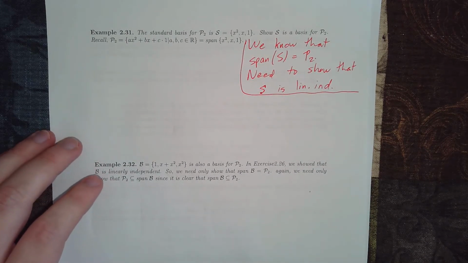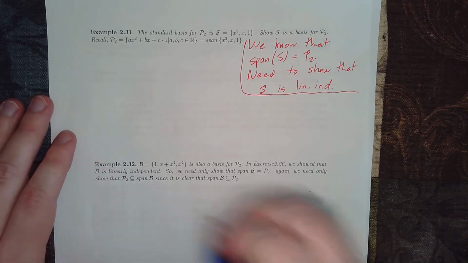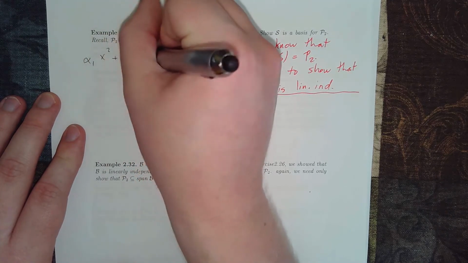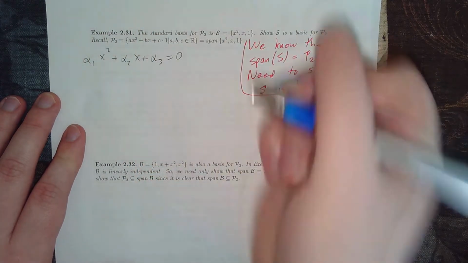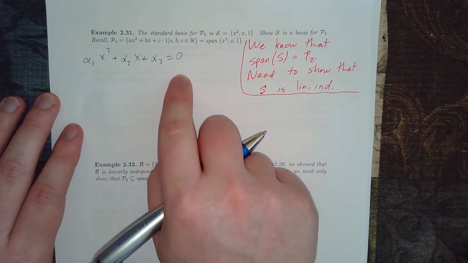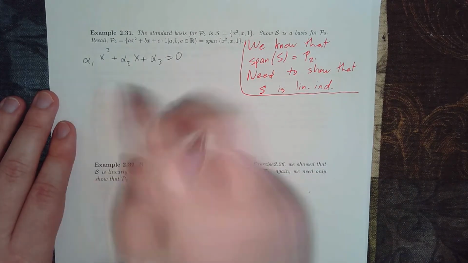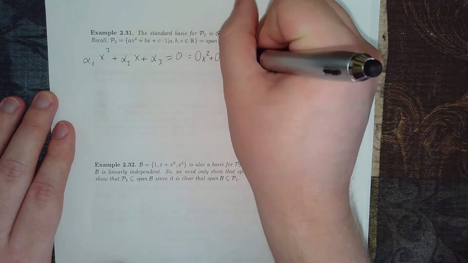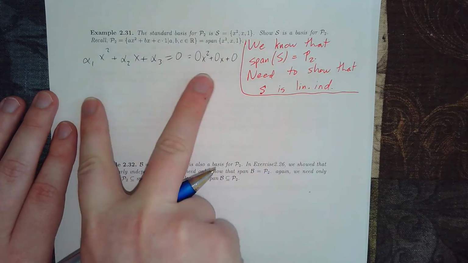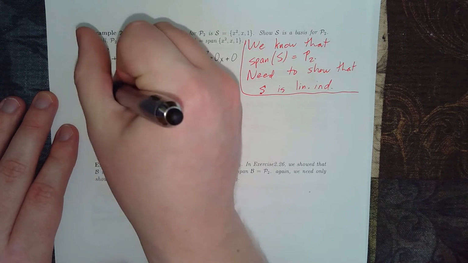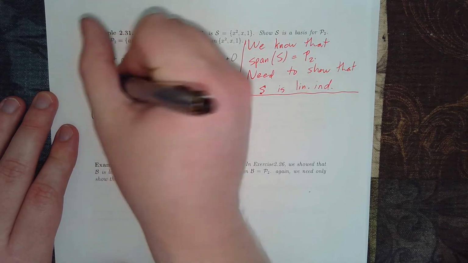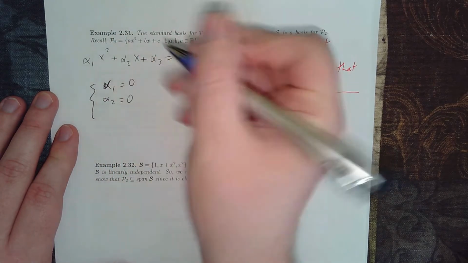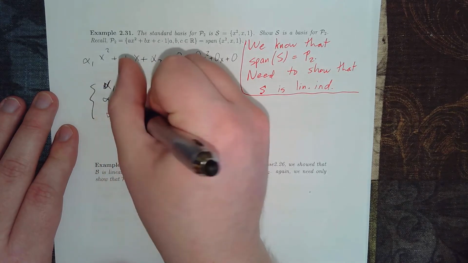So let's take a look. If we look at taking alpha 1 x squared plus alpha 2 x plus alpha 3 and setting it equal to 0, remember, this is our linear independence, or linear dependence, relationship. Here, we're going to be comparing the coefficients for x squared, x, and the constant portion on either side. And so here we get that alpha 1 is equal to 0, alpha 2 is equal to 0, and alpha 3 is equal to 0.